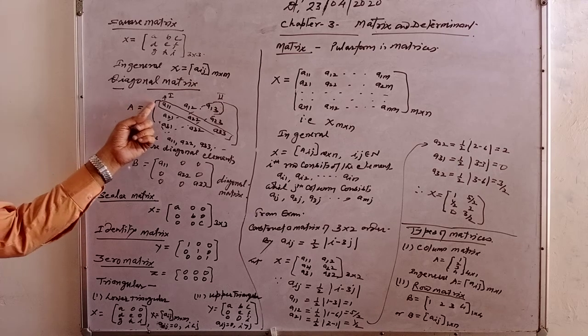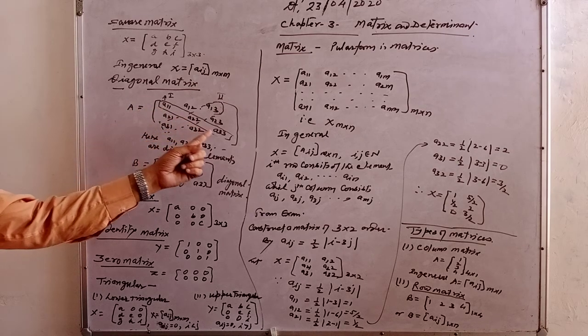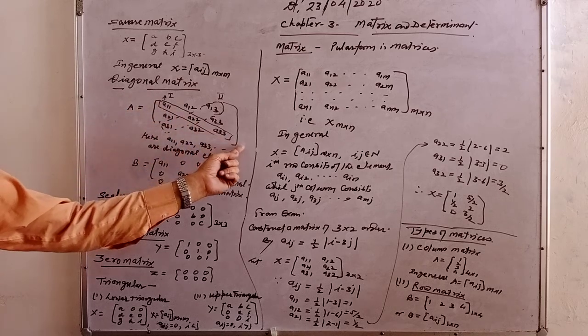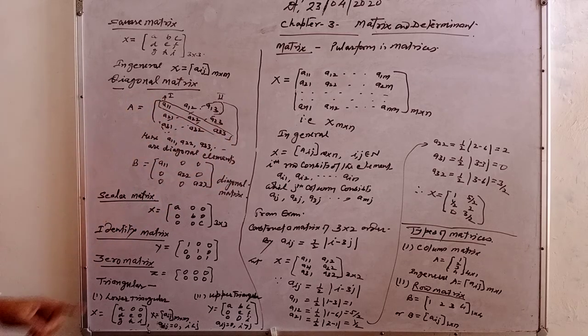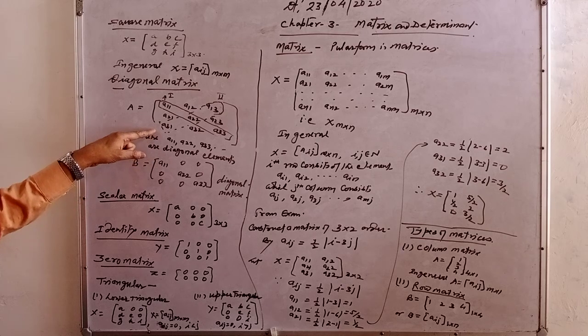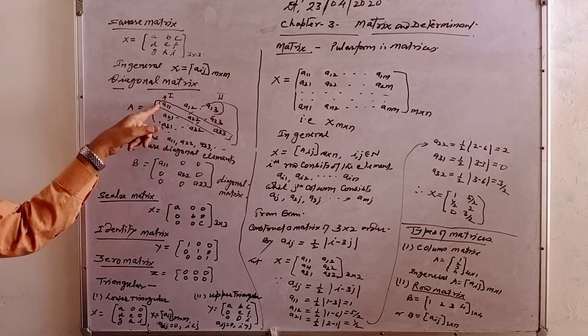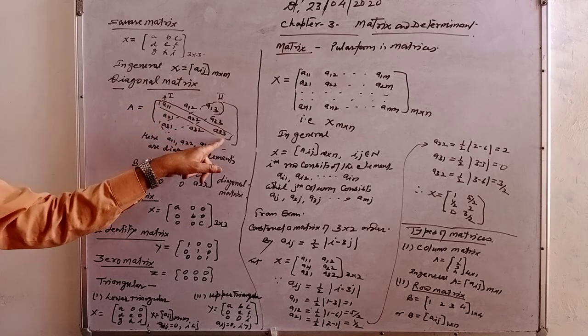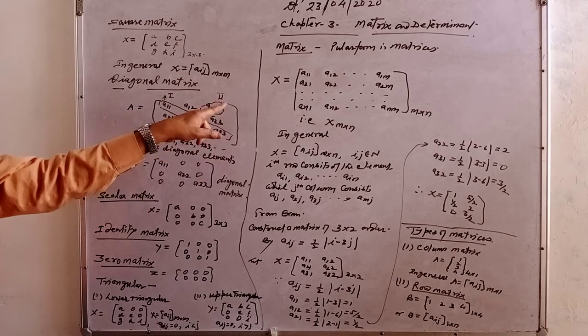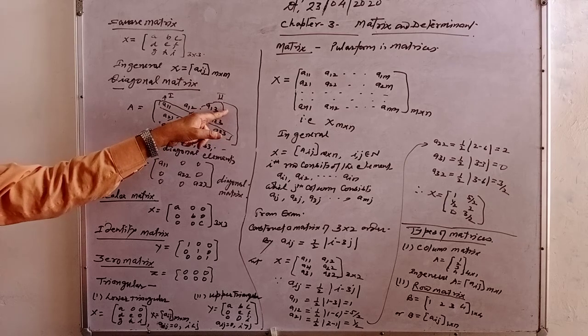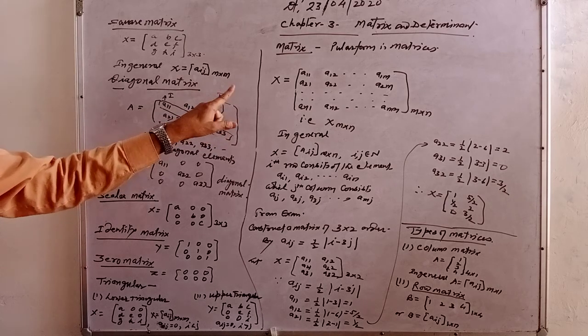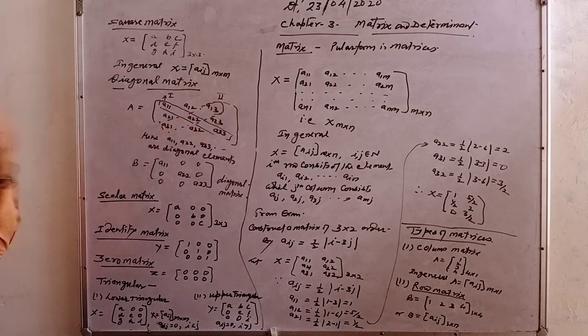Here, the diagonal elements a11, a22, a33 are the main diagonal or principal diagonal. And the secondary diagonal is here a31, a22, a13. Means the first diagonal starts from the left top corner to the right bottom corner, and this is the secondary diagonal from the right top corner to the left bottom corner.